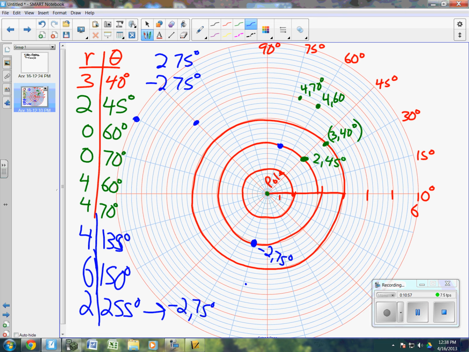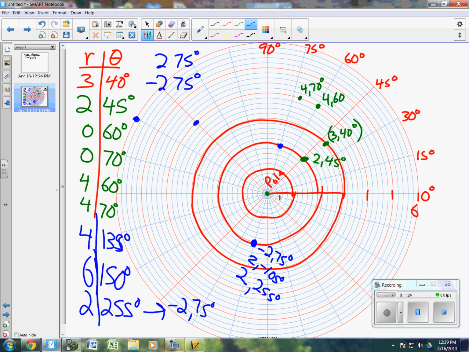That means you turned to the right because it's a negative angle, and then you went down 2 units. Do you understand that? So the 3 ways to name this point so far are negative 2 comma 75 degrees, 2 comma negative 105 degrees, and 2 comma 255 degrees.